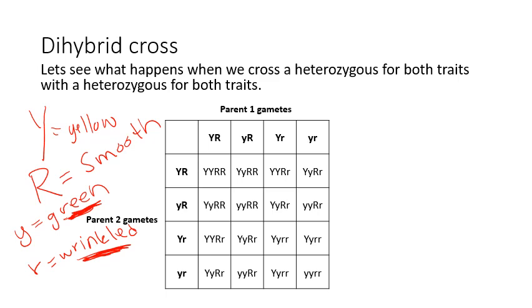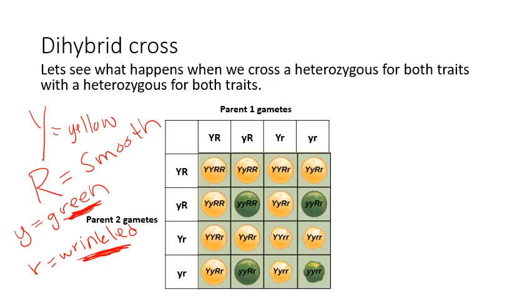So you're essentially looking through these boxes and trying to identify which peas will be yellow, which will be green, which will be smooth, and which will be wrinkled. That might help you out a little bit. Okay, so we can now clearly see which ones are yellow, which ones are smooth, which ones are green, which ones are wrinkled. So if we were to go through and count all of the peas that show the different phenotypes, we're actually going to find that there are 4 combinations in total.